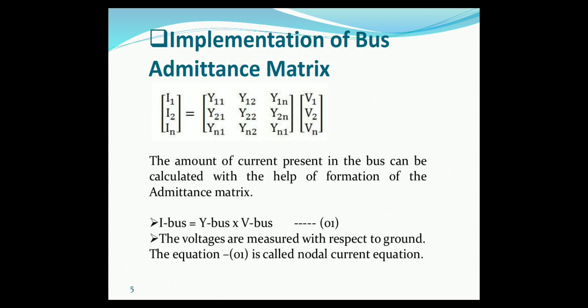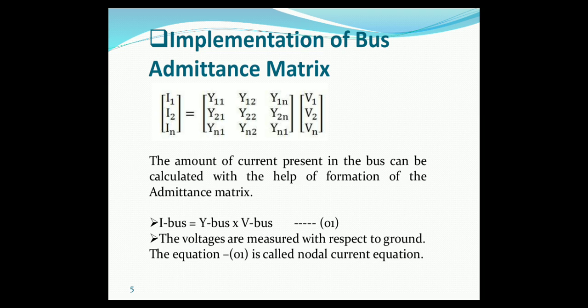Coming to the implementation, the implementation of a bus admittance matrix is given in the form of the equation I equal to Y into V, where I represents the matrix of currents, Y represents the matrix of admittances, and V represents the matrix of voltages.